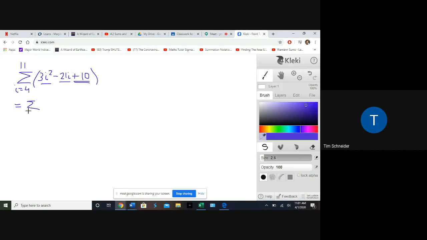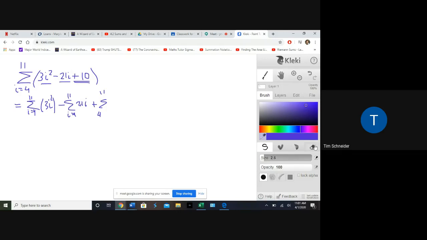So we have the sum from i is 4 to 11 of 3i squared minus the sum from 4 to 11 of 21i plus the sum from 4 to 11.